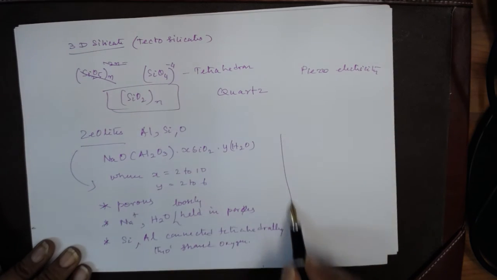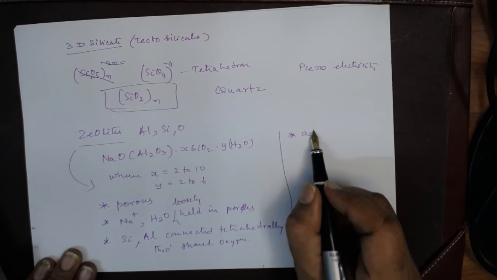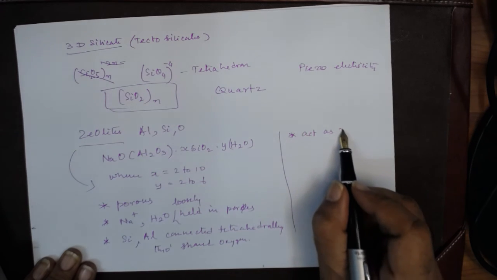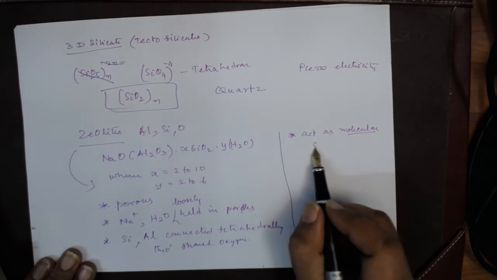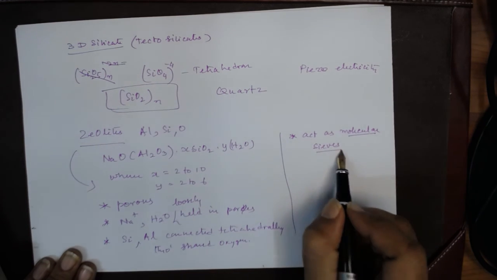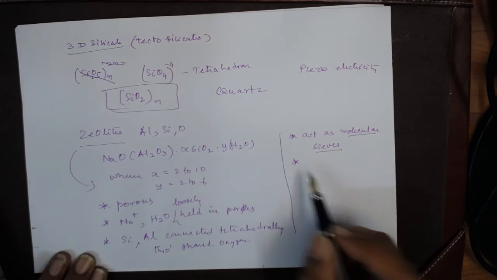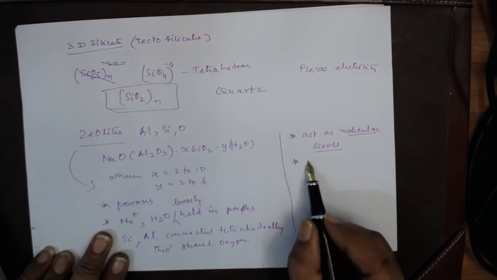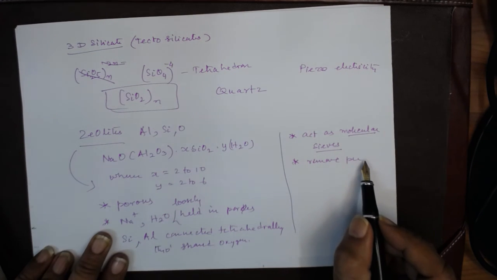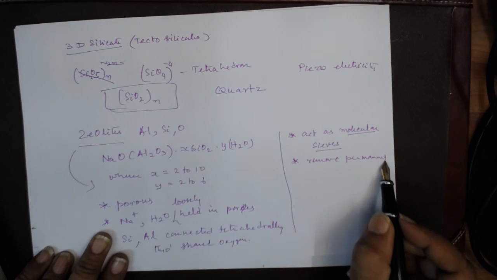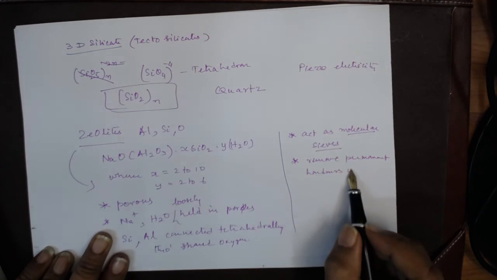Zeolite acts as a molecular sieve, like a filtration unit. They can remove permanent hardness of water.